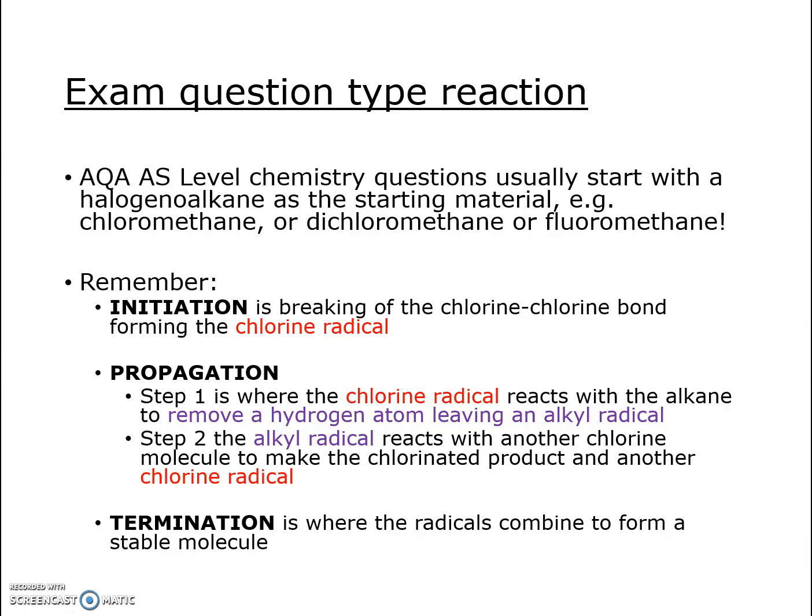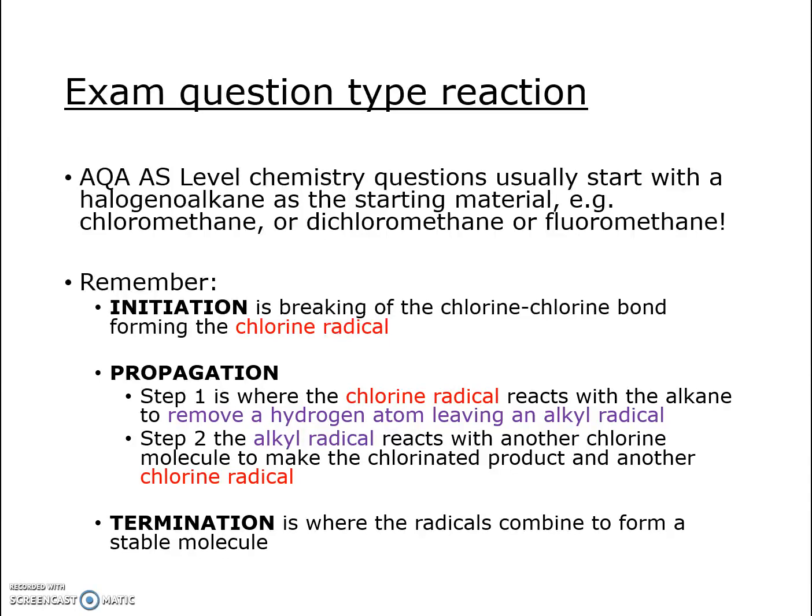Now, this is where we're trying to get to. This is our extended thinking. AQA AS level chemistry questions usually start with a halogenoalkane. So, for example, they might start with chloromethane, or dichloromethane, or even fluoromethane.